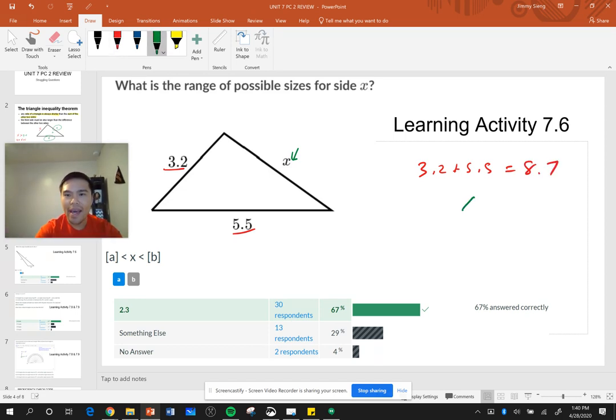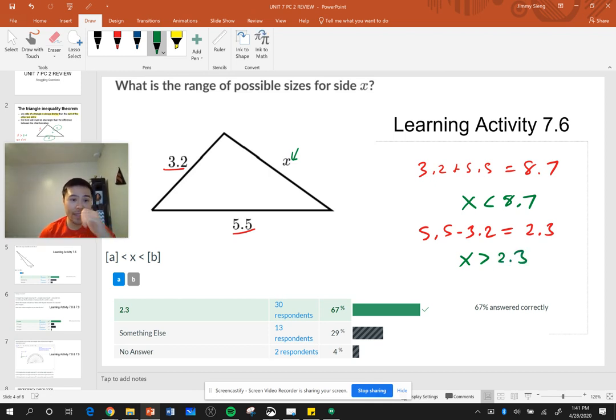So I know that x has to be smaller than 8.7, or I can take the difference, which means subtraction. I subtract those two, and I can see that 5.5 minus 3.2 should give me 2.3.